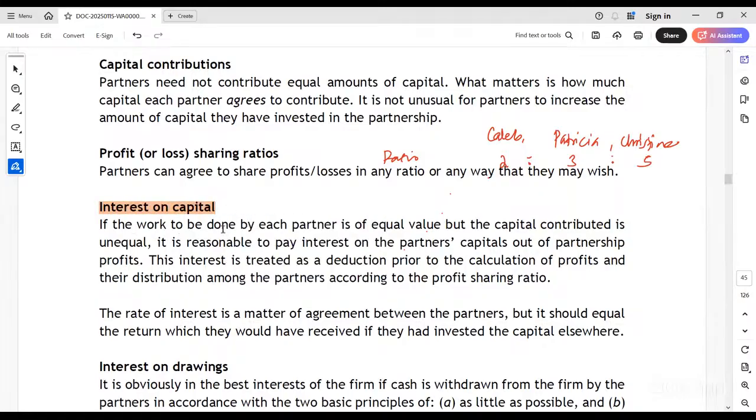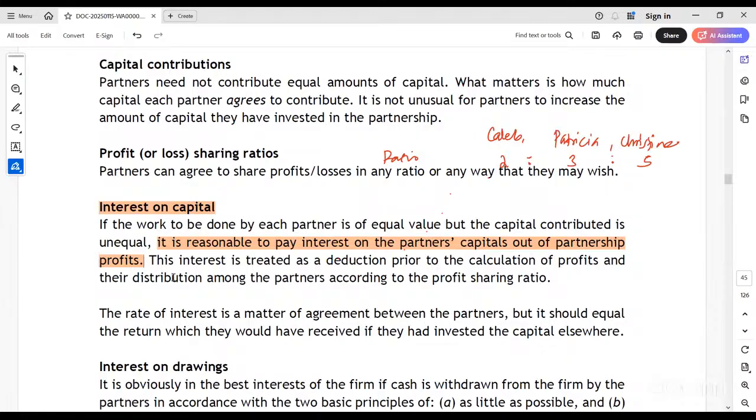So if the work to be done by each partner is of equal value, but the capital contributed is unequal, it is reasonable to pay interest on the partners' capitals out of the partnership profits. Assuming I've contributed 1 million, someone has just 100,000, then another has 500,000.